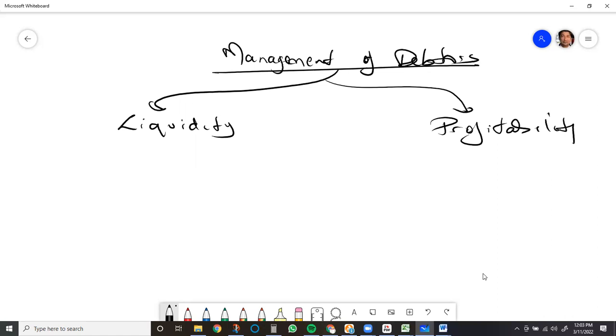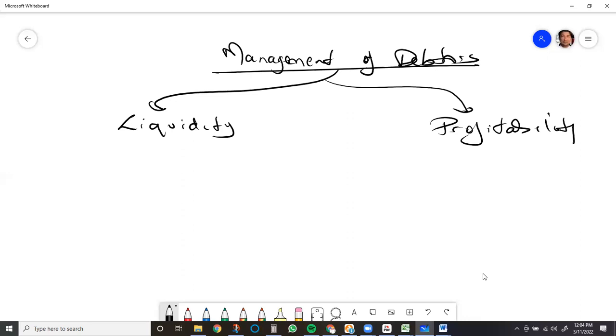Now, of course, at the same time, being able to satisfy customers' demand would mean sales would be generated, your profits would go up. But just trying to get this point across about liquidity and profitability and the effect on both. Too much stock would mean additional holding costs. Too little stock, liquidity suffers. Your company runs the risk of stock outs, but at least the holding cost would be less.